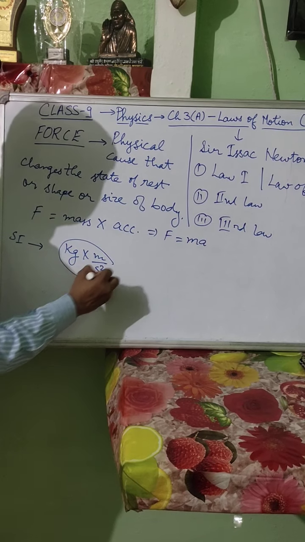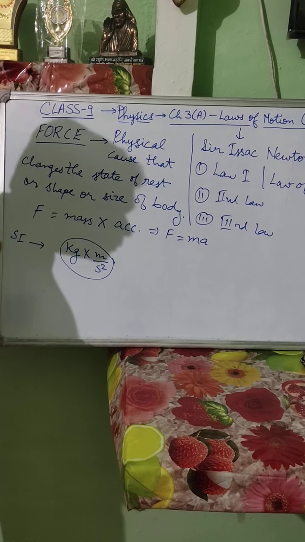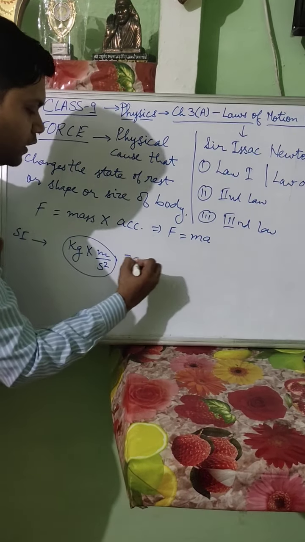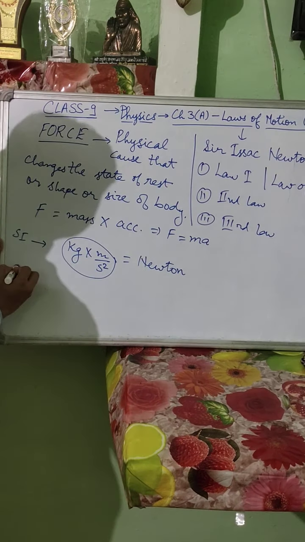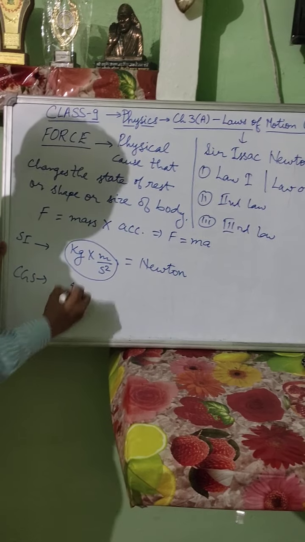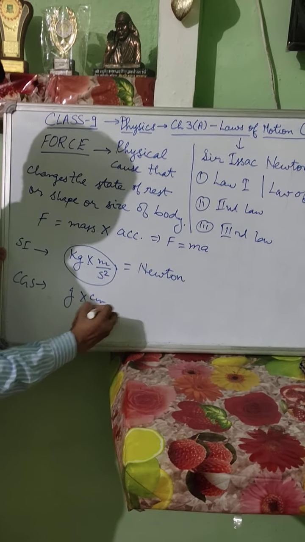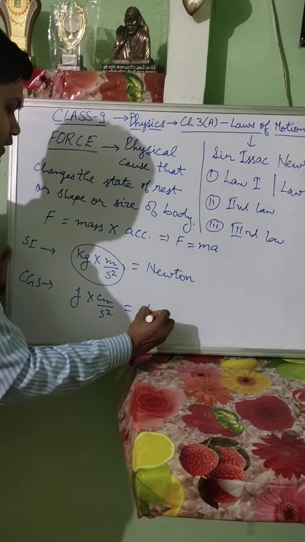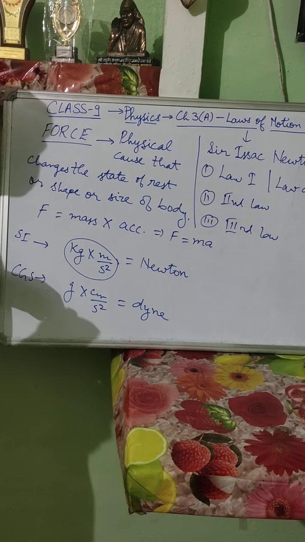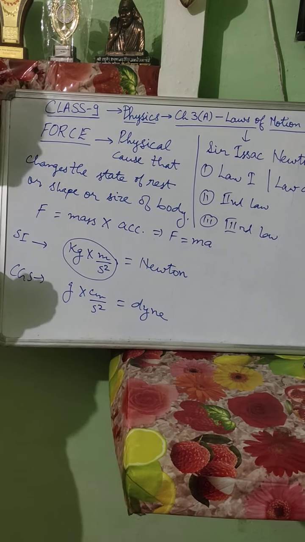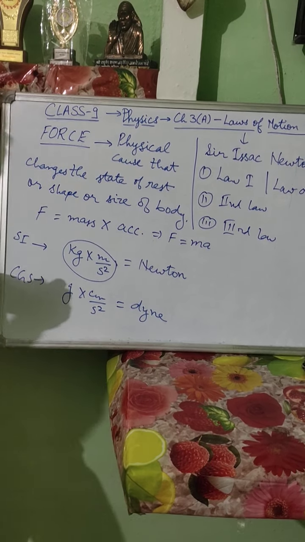So overall the SI unit will be kilogram meter per second square, which is also known as Newton. The CGS unit is gram into centimeter per second square, which is also known as dyne. So this is about force.